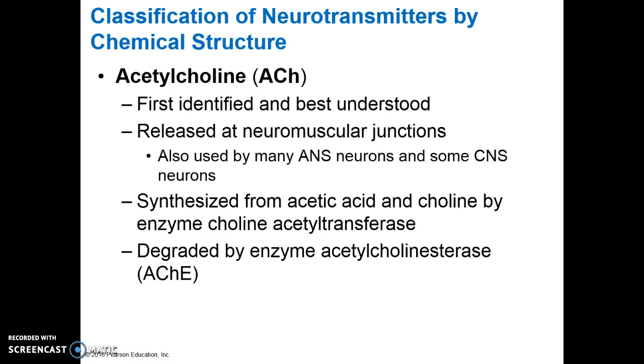The first one, as we learned already in the muscles, is acetylcholine. We're going to be talking about this more when we deal with the autonomic nervous system. We discussed that it is the neurotransmitter responsible for somatic impulses, namely stimulating skeletal muscle.